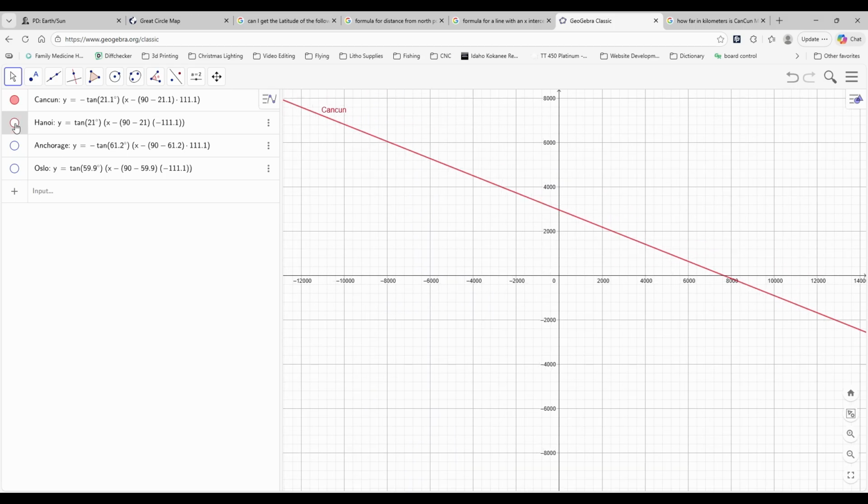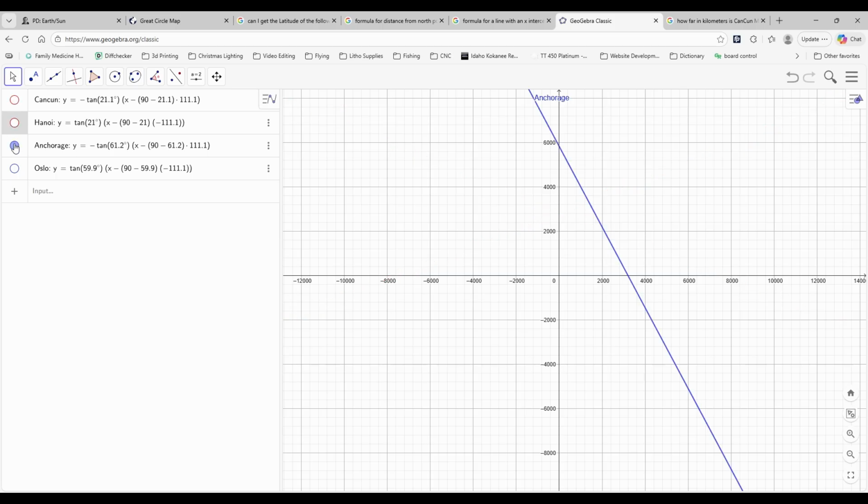So now if we take Hanoi, it's on the other side of the Earth, just a little bit different. And if you look, it crosses at the same point, which is to be expected. If math on the flat Earth is going to work, they have to see the same thing at the same point. So the math works on a flat Earth. Imagine that. So let's do it again. We'll take Anchorage, Alaska.